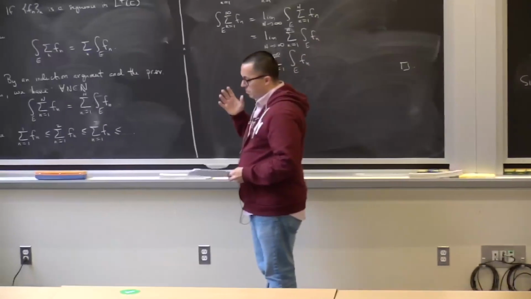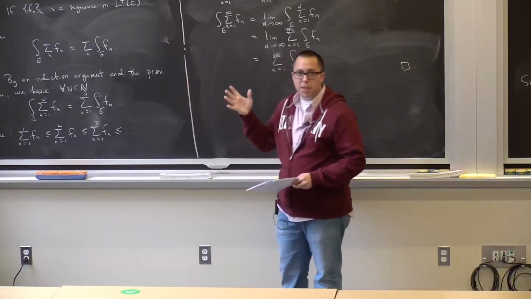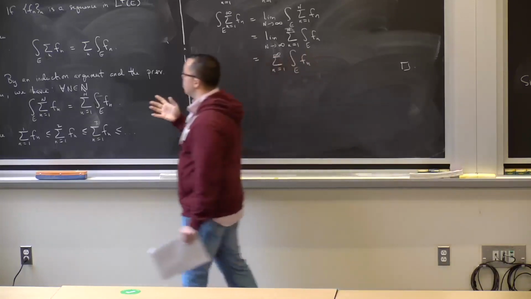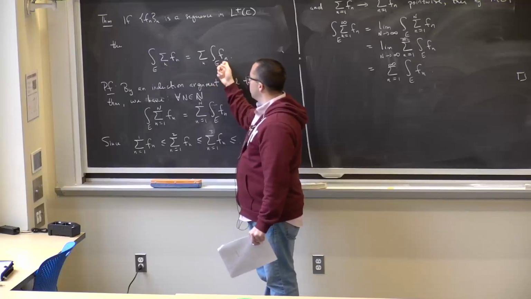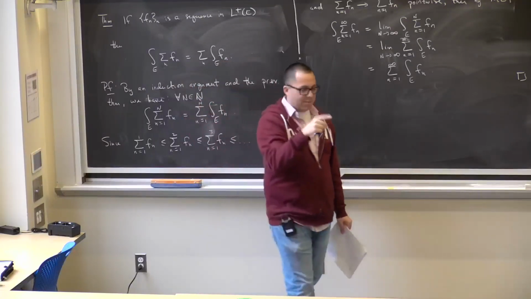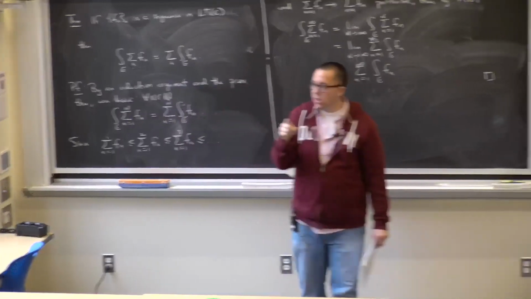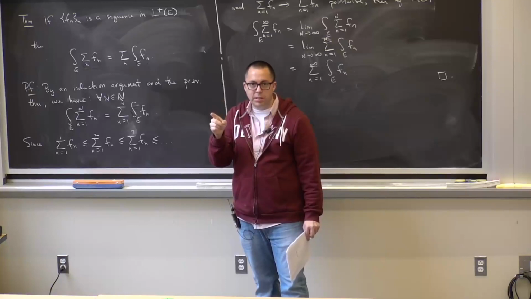So again, this is simply false if I replace everything by Riemann integration, because in fact I can come up with a sequence of functions fn whose Riemann integral is always 0, but the sum is not Riemann integrable. Think of taking fn to be the function which is 0 off of a rational number. Okay?